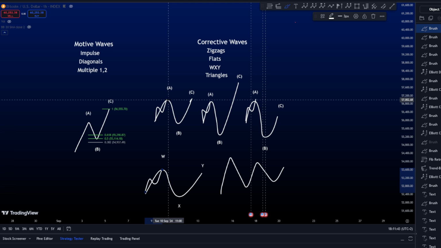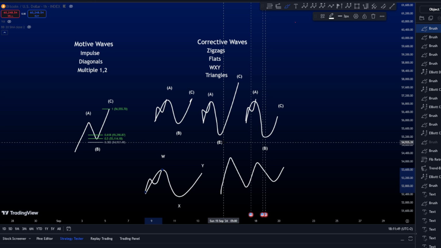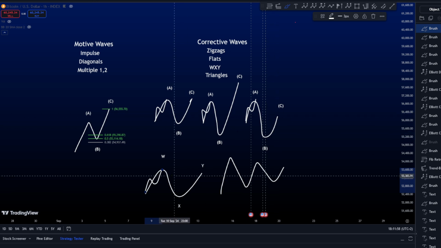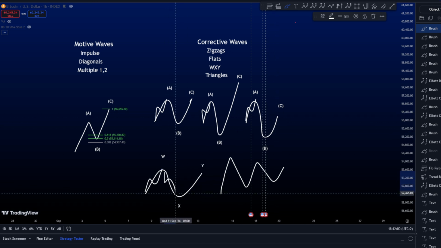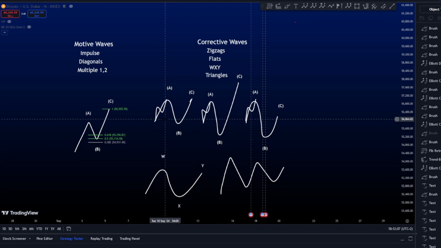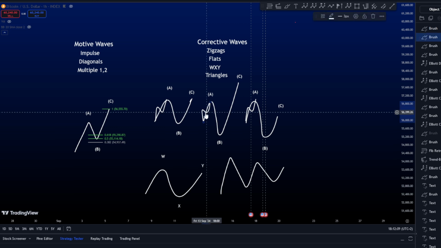Can we know that it's going to be a regular flat or maybe an expanded flat where wave B goes much longer? Or it can just as well be an expanding flat and then turn into a running flat. Or maybe it's going to turn into a WXY. So these are the things. Now you know why the wave B cannot be predictable, right?